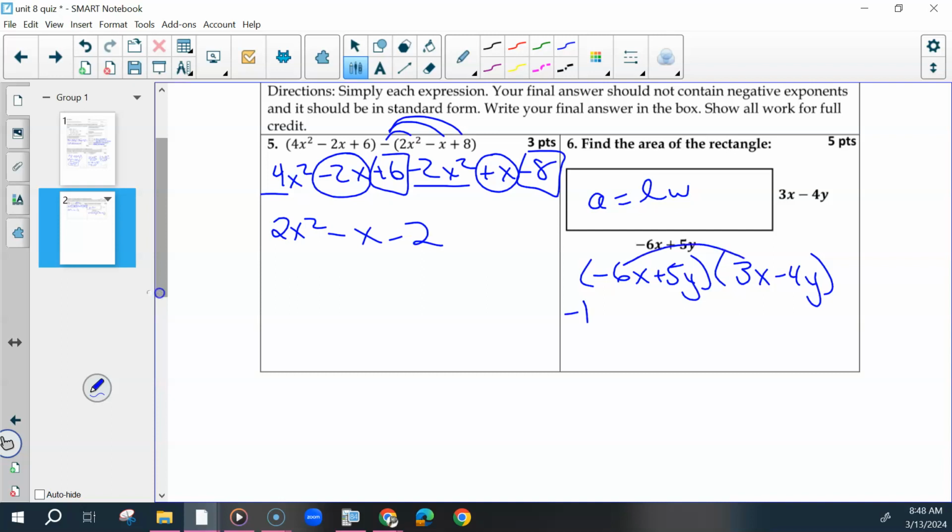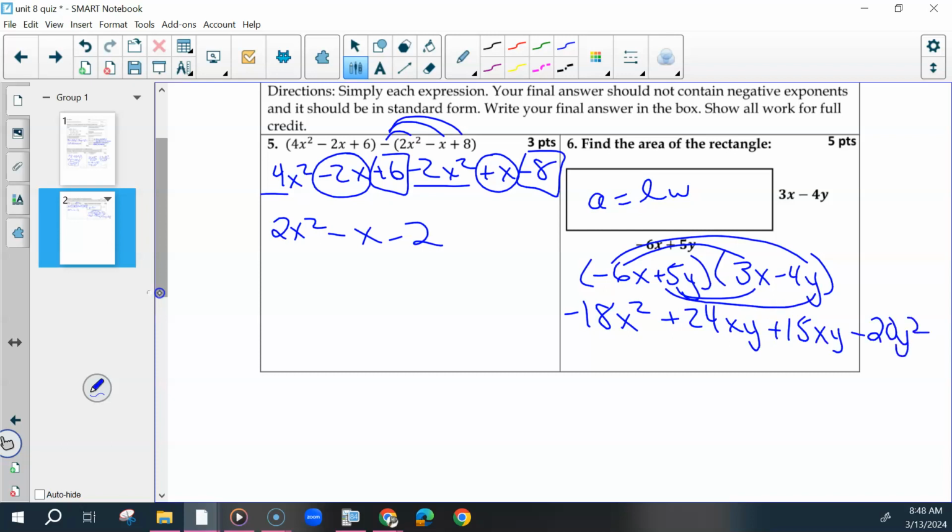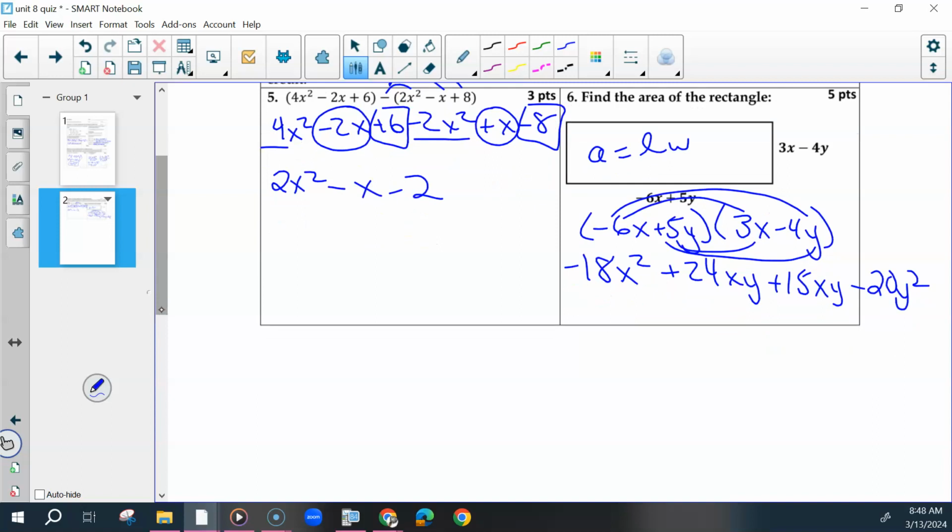So this would be negative 18x squared plus 24xy plus 15xy minus 20y squared, and then combine like terms. So negative 18x squared plus 39xy minus 20y squared.